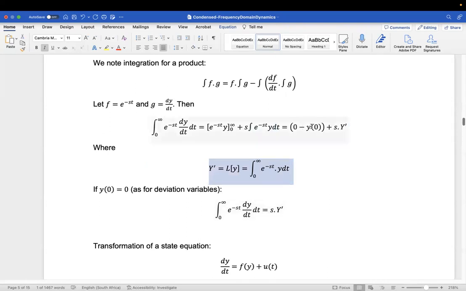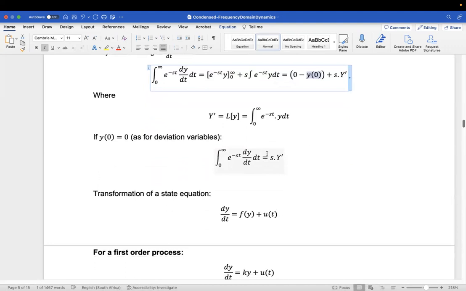And if it's the case that y at naught equals 0, and remember the deviation approach. So if we transform our equation lowercase y to the deviation version, then we typically achieve that it's equal to 0 at 0. So if this is 0, then we can say simply the transformation is equal to s y dashed.